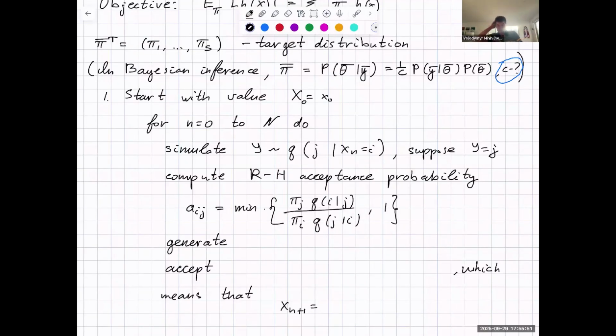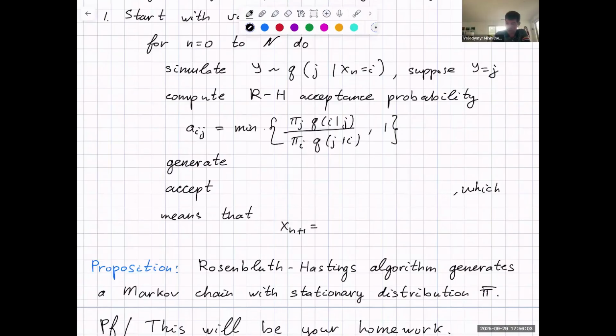The reason it's a minimum between this and 1 is just because we want it to be a probability. So if it's above 1, we bound it and accept with probability 1. If it's below 1, then we do the biased coin trick that we have just seen. We draw a uniform random variable between 0 and 1, and we accept y equal to j with probability A_ij.